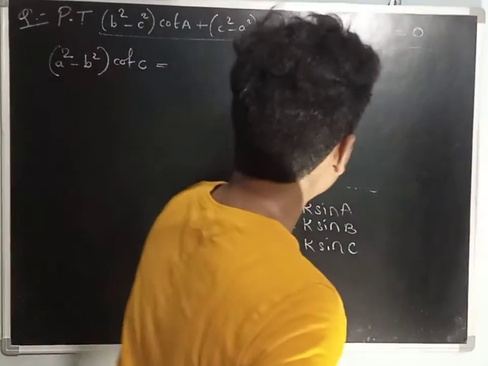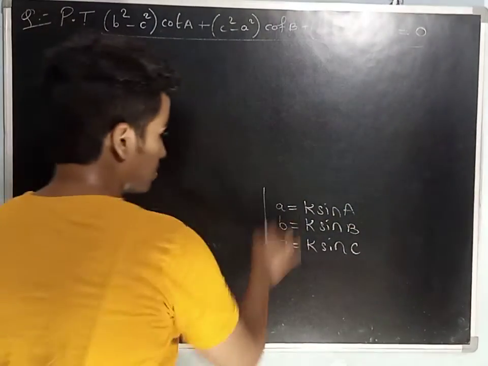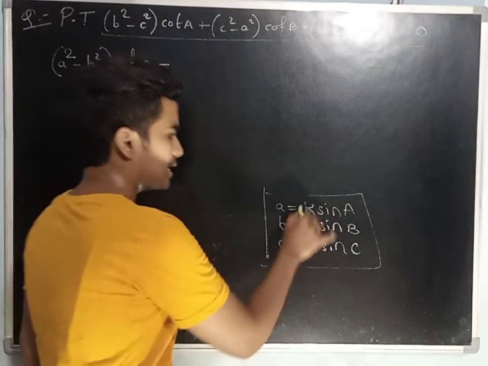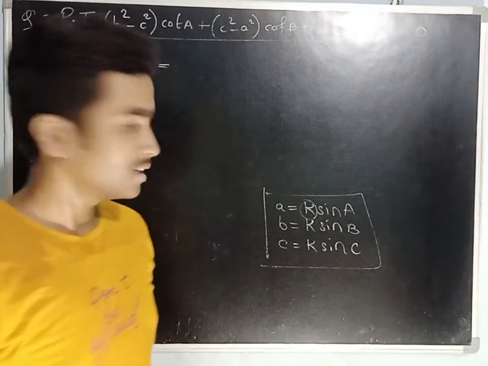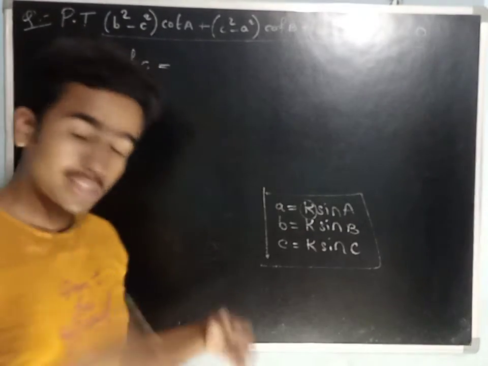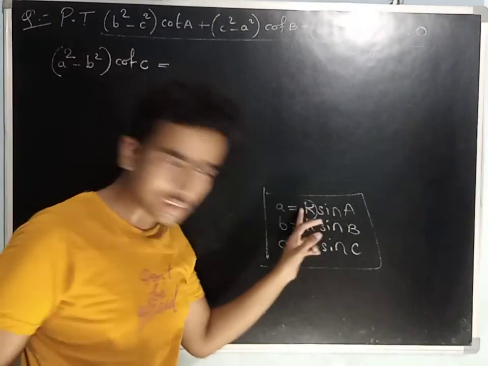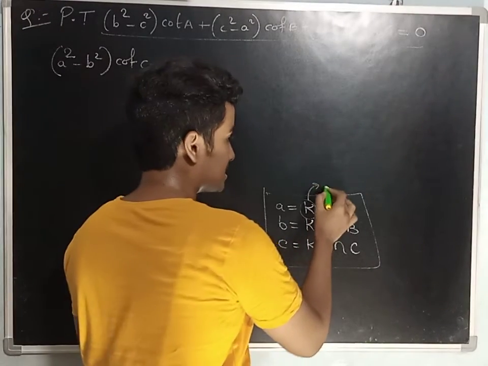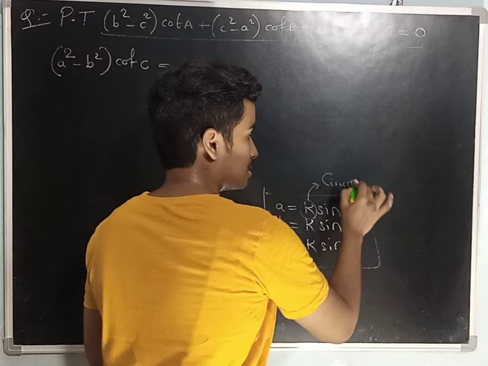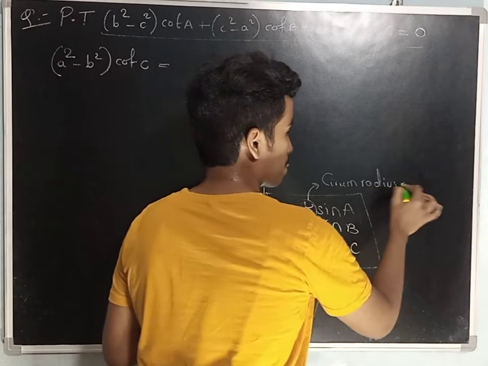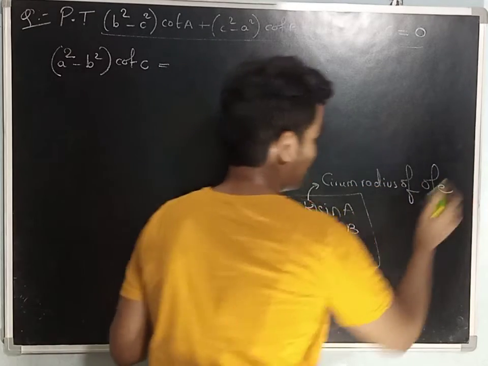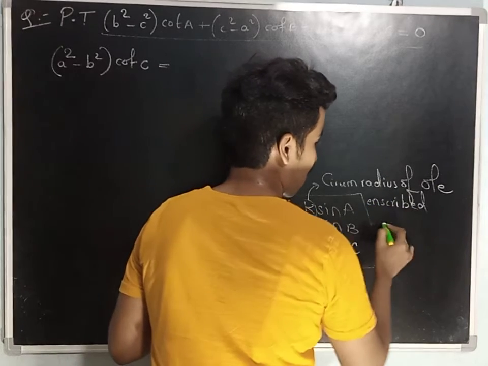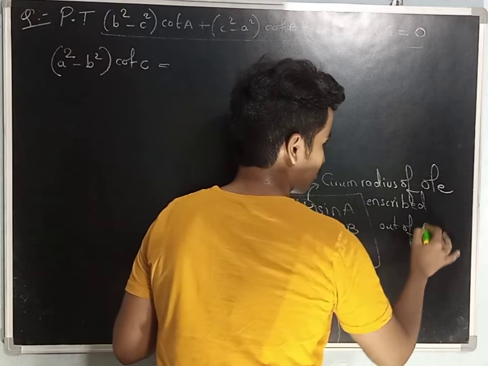Now a square minus b square. Let me erase this part. These values are going to be useful. This k is nothing but a constant. In further videos, you will understand what this constant actually is. Let me give a quick recap. It's nothing but the circumradius of the circle inscribed out of the triangle.